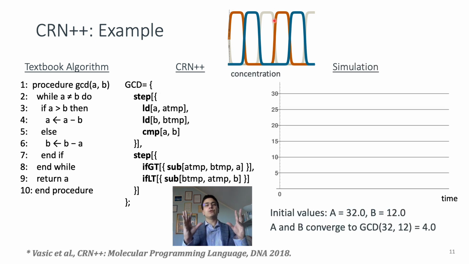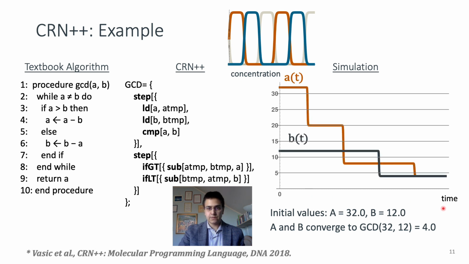Okay, so what we now have is a compiler from CRN++ to chemical reactions, which we can then numerically solve and simulate. And let's do that, initialize inputs to 32 and 12 and see how the CRN behaves. This is the behavior.